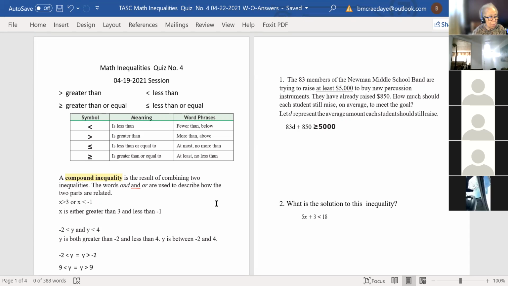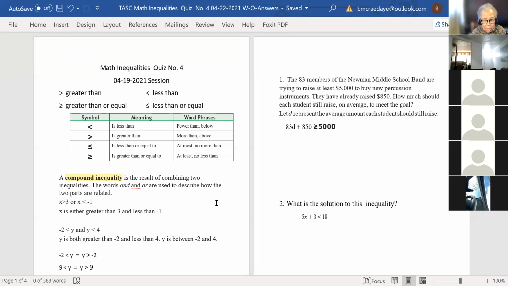If not, don't worry about it. I'll go through compound inequality with you the next time. Did you say you're going to do a quiz on this one? No, we'll have a quiz next time on inequalities, but it won't be on compound because we have to spend a little more time on that.